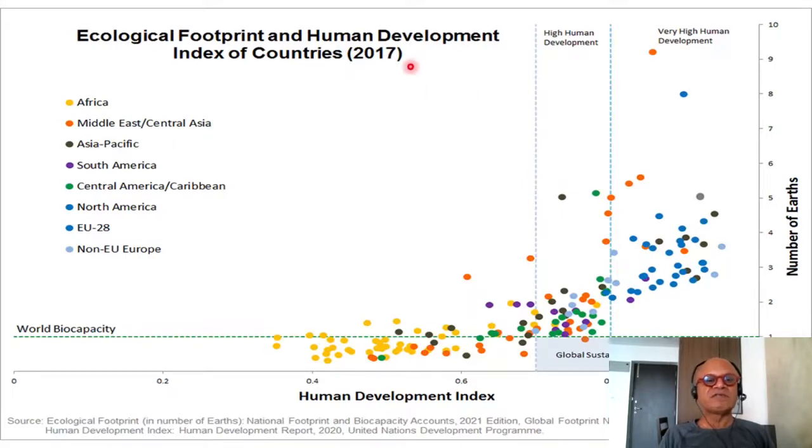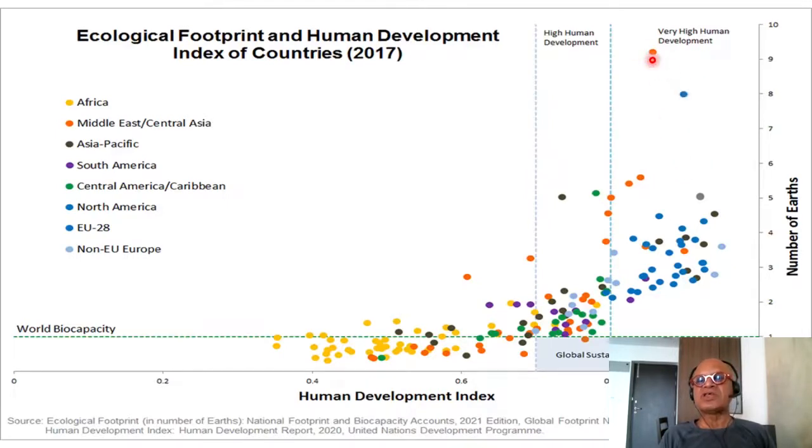This is from 2017. You can also look at this in terms of ecological footprint with another index. But the main story here is that typically rich countries here, which have a high human development index, also have a high ecological footprint, or they are exploiting resources which eventually would require us to have many Earths to support our lifestyle.